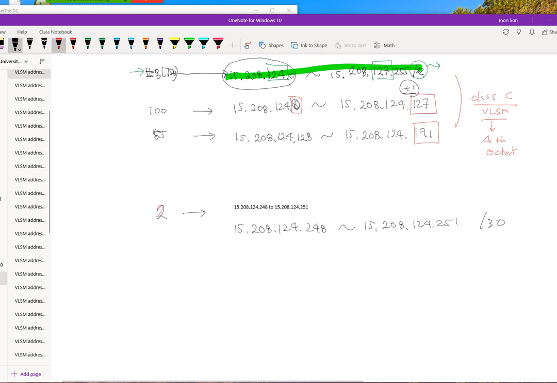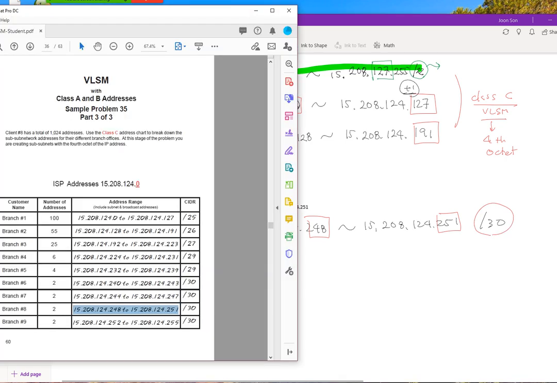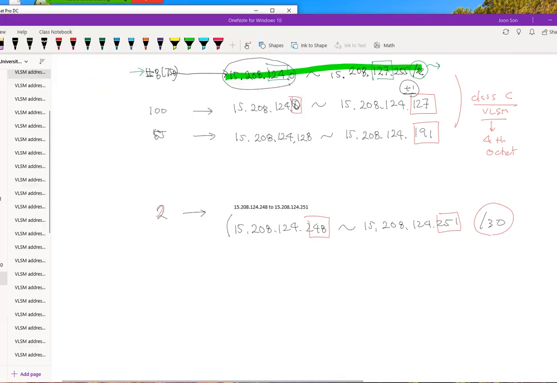Okay, so I need a volunteer for this network. What is the last usable host IP address, given this network, slash 30? I just got this from branch number 8.